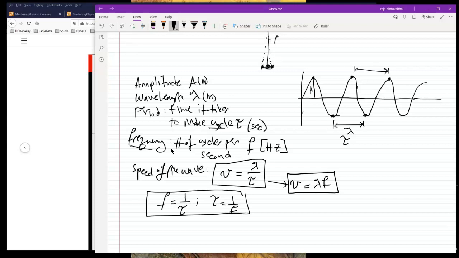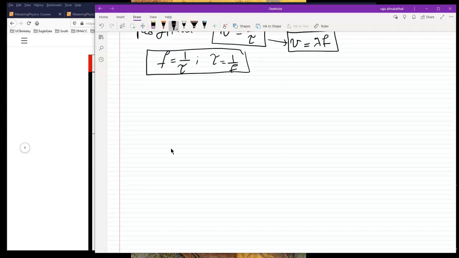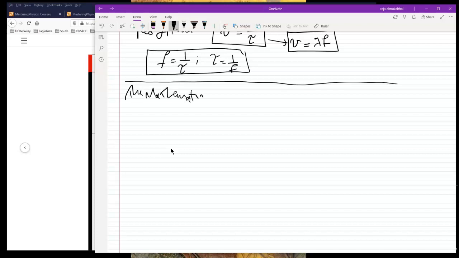But for now, let's move on to the next topic, and that is the mathematics of sinusoidal waves. The function that describes the wave really starts from what is called the wave equation. What I'm about to tell you is beyond the scope of the book, so this is not part of our course.